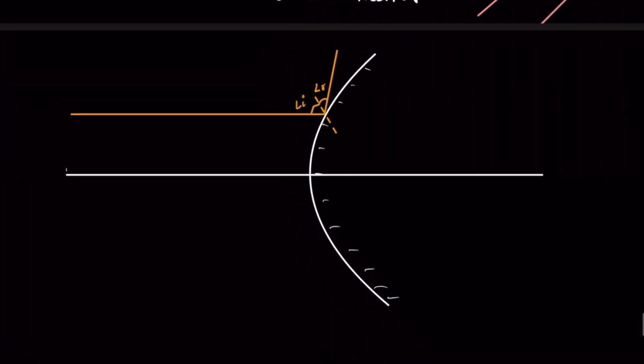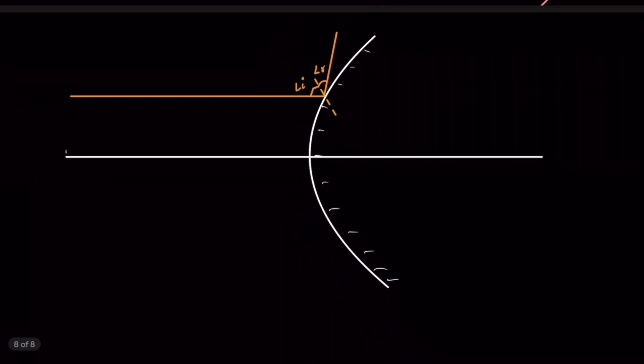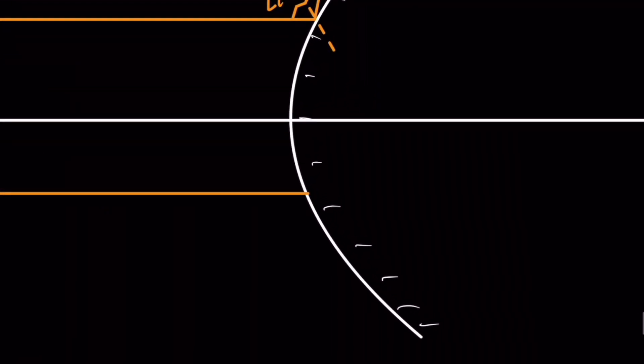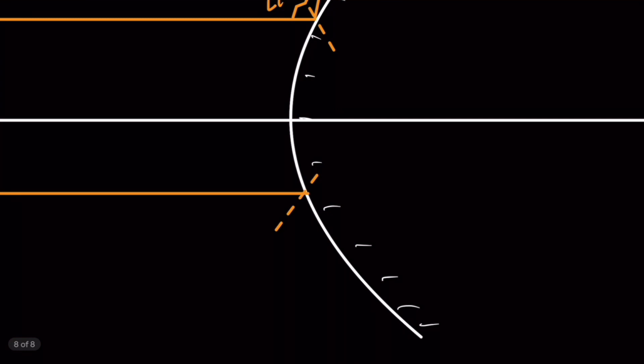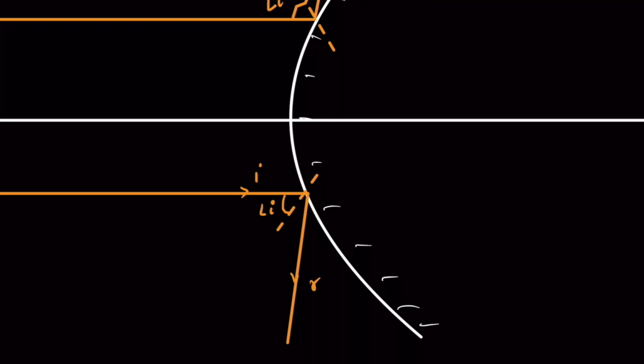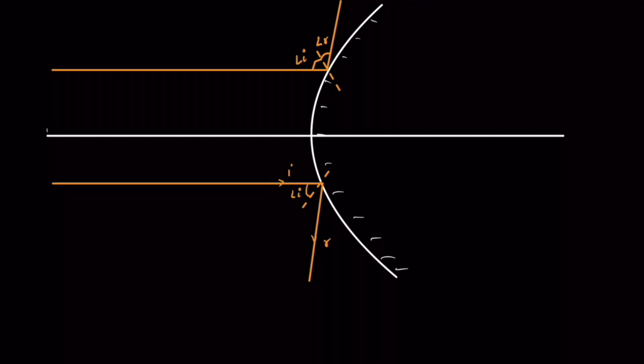In the same way, we take one more incident ray. This is the normal, so it will go this way. This is the incident ray and this is the reflected ray. So here the reflected ray is diverging in nature. If we take the example for a concave mirror, this is our concave mirror.